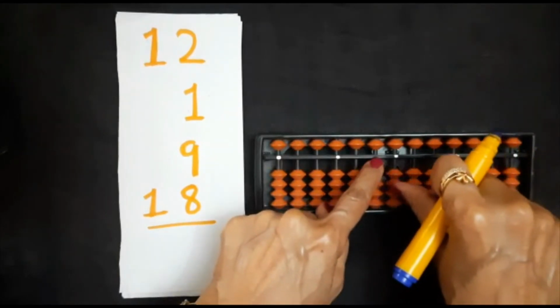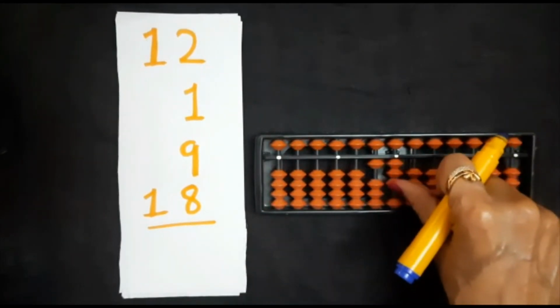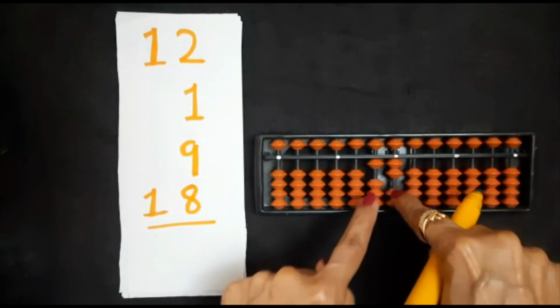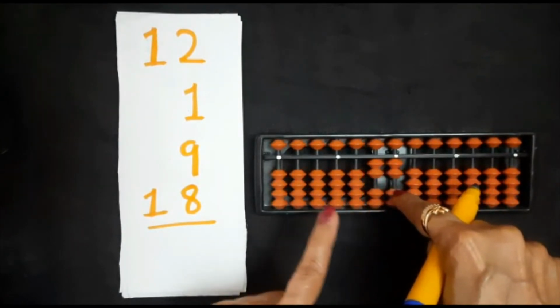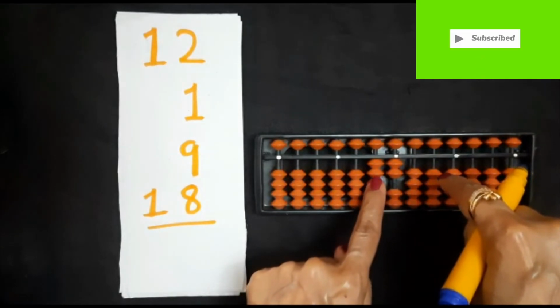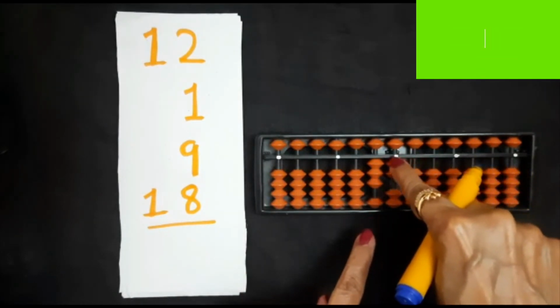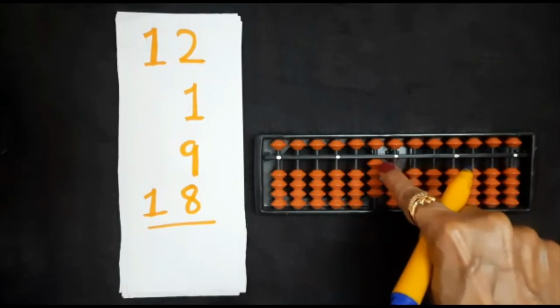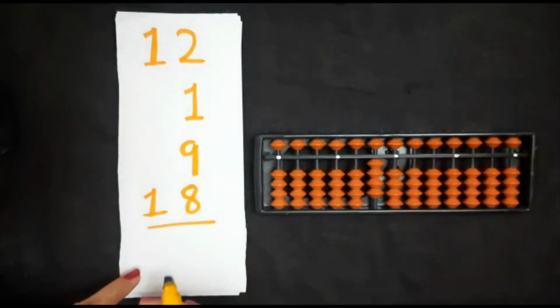Twelve plus 1 plus 9 plus 18. We know that we should split the number. First we'll do 10 and for 8 we use formula minus 2 plus 10. So answer is 40.